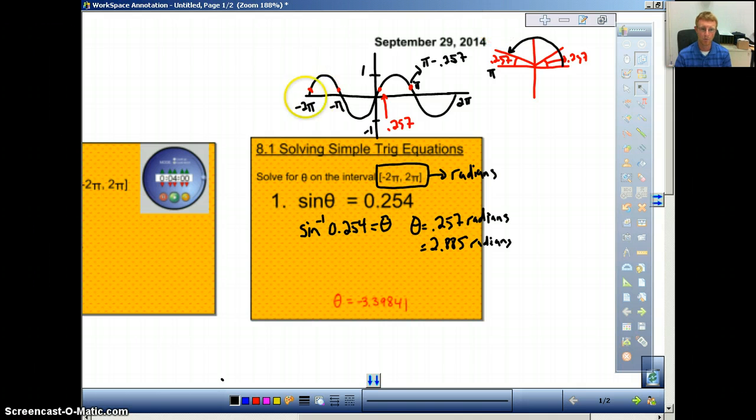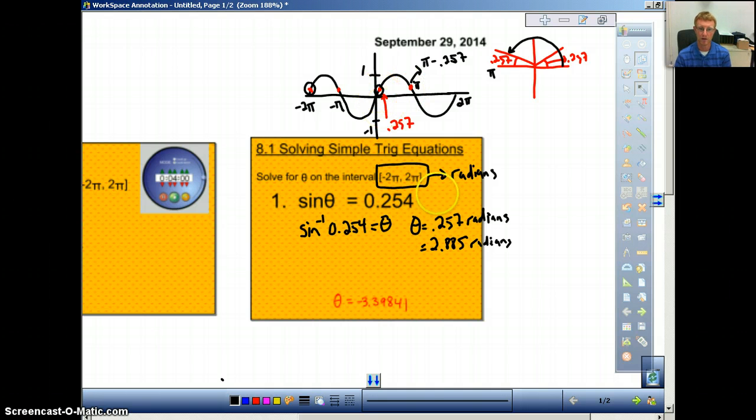Okay, so now what about these two? Well, these two are actually quite easy because we know that the period of a sine curve is 2 pi. From this red point to this red point is always going to be exactly 2 pi with a function like this, which means that this point right here will be exactly 2 pi away.